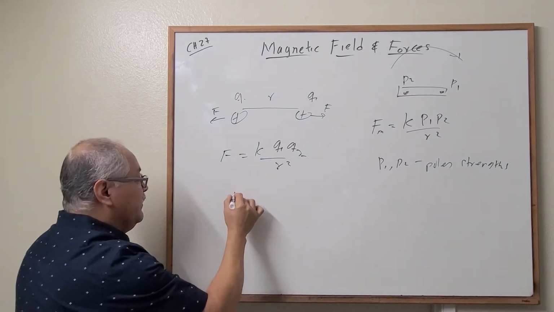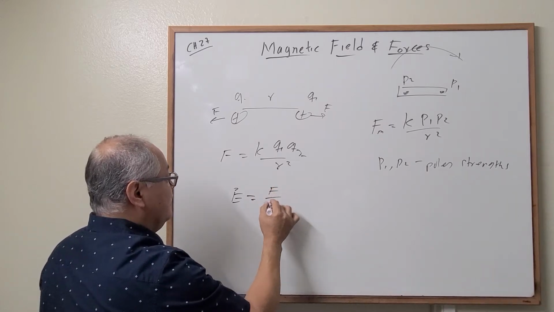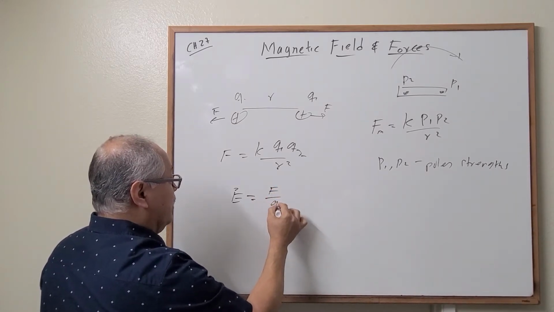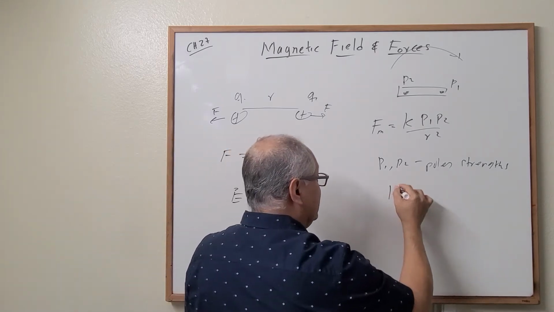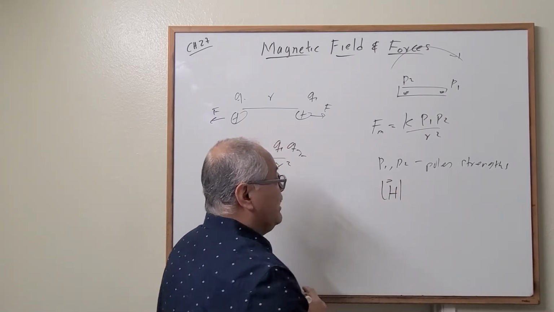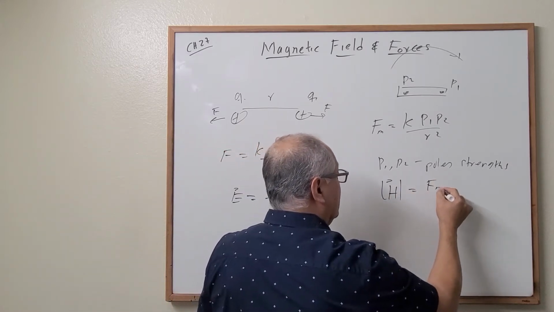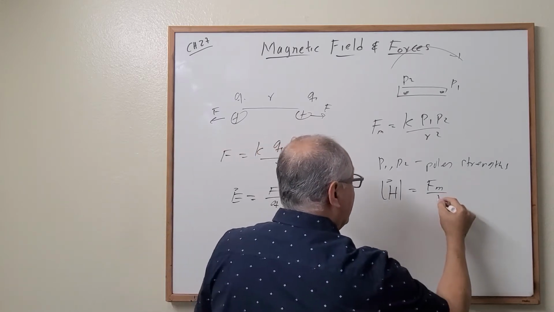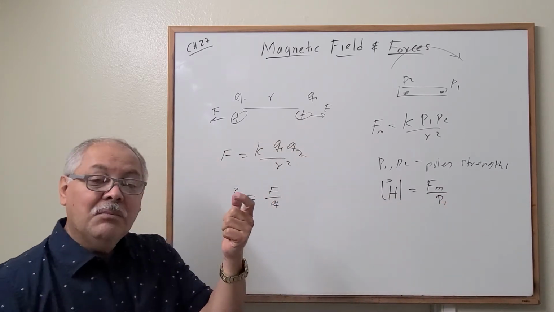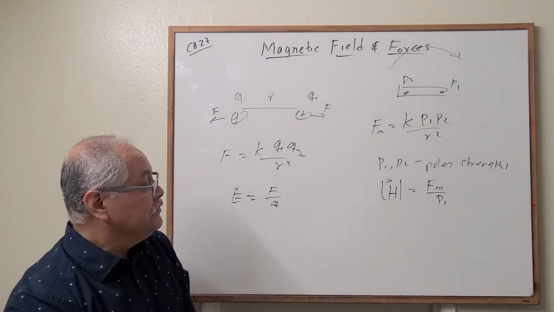Now, what happens when we're dealing with electric fields? Remember, the electric field is equal to the force divided by the charge. We can do the same thing right here. Correct? In this case, the symbol for the magnetic field is H, which should be equal to the magnetic force divided by the pole strength.